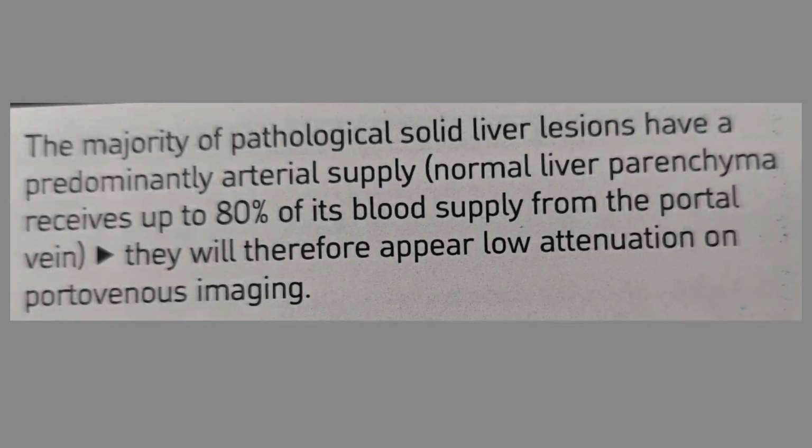Liver parenchyma normally receives 80% of its blood supply from the portal vein, so it will appear low attenuation on portovenous imaging. When you're doing portovenous imaging, any lesion supplied by an artery can easily be picked up.